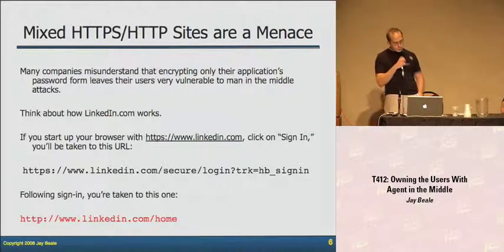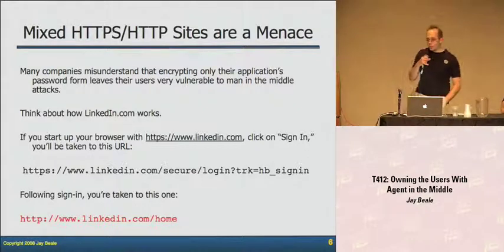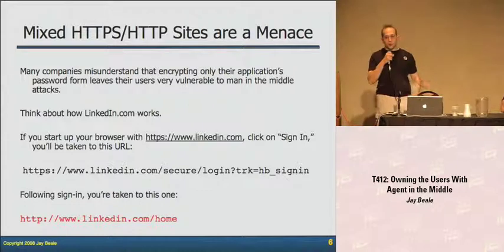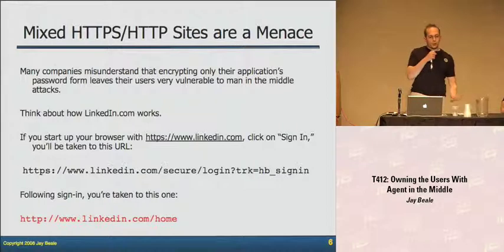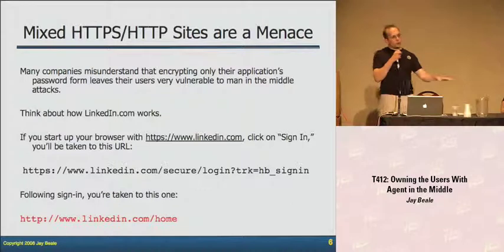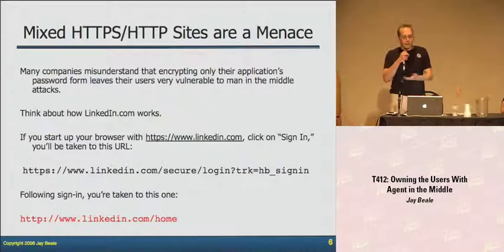This is actually one of the things that got me thinking about this: we do a lot of web app hacking, and it's really fun. But constantly we talk to companies, and we say, your users are logging in, and you're encrypting their password, and then after that, you're leaving the whole session unencrypted. And they say, well, we protected the password. You can't get the password.